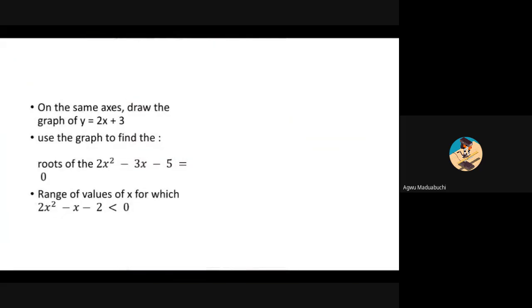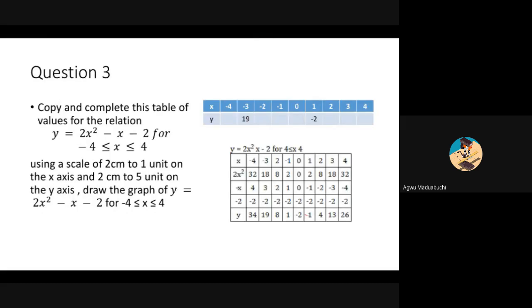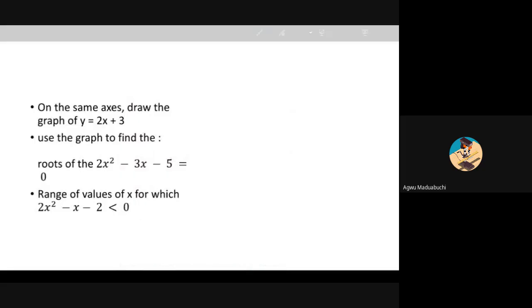Then the second part of the question says, on the same axis, draw the graph of y is equal to 2x plus 3. Nobody told you the range of values, but you know for the initial one, the range of values is -4 to 4. You could decide to use that. Or you use fewer numbers, since nobody specified, they won't penalize you.